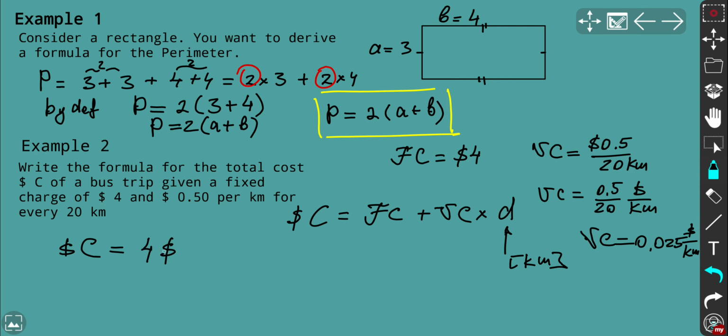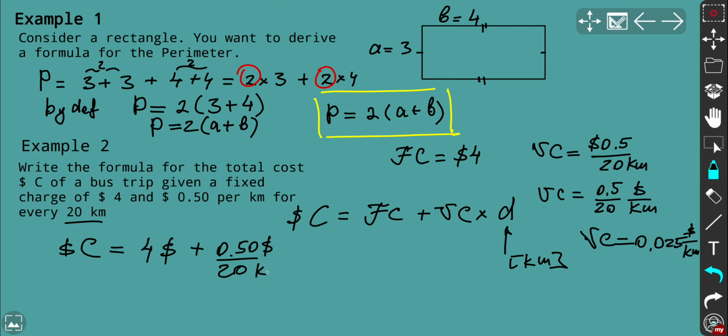So you have $4. You pay for just, I think, having a seat in this bus, no matter where you're going, where your destination is. And you also need to pay $0.50 per every 20 kilometers. So what it means is that you have $0.50 charge per 20, but it's not convenient to write, so it's better to write over 20.